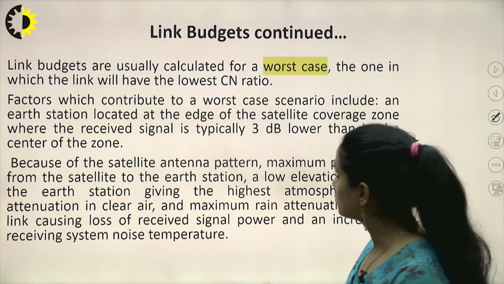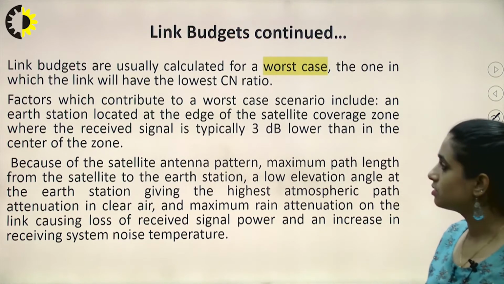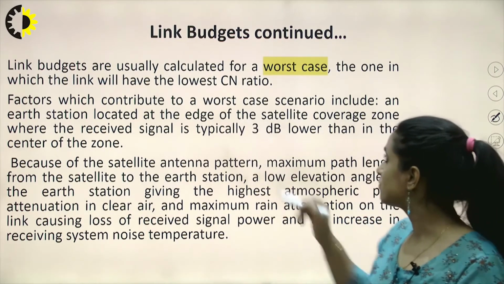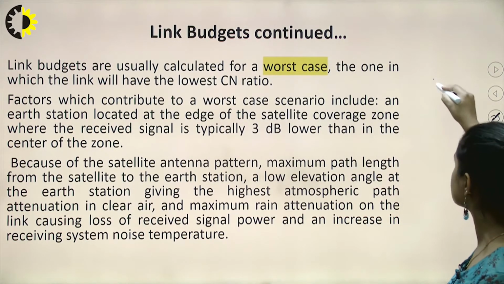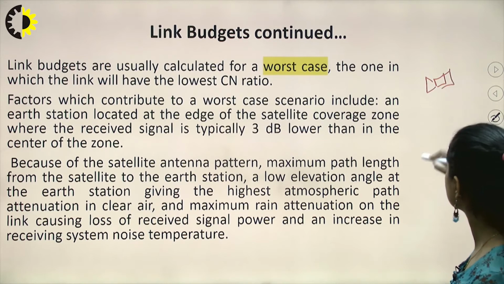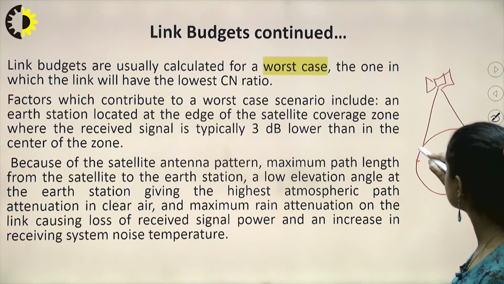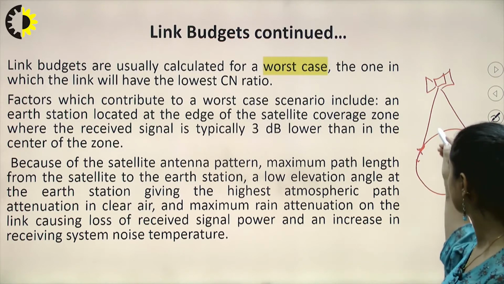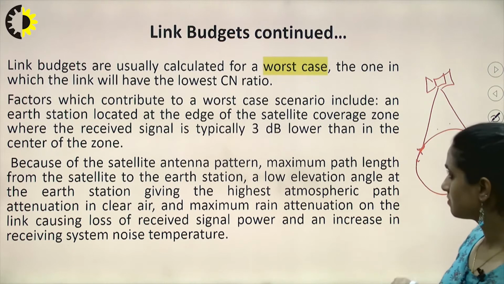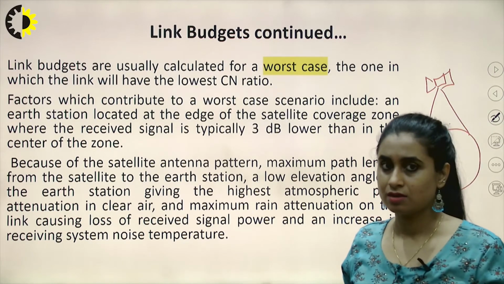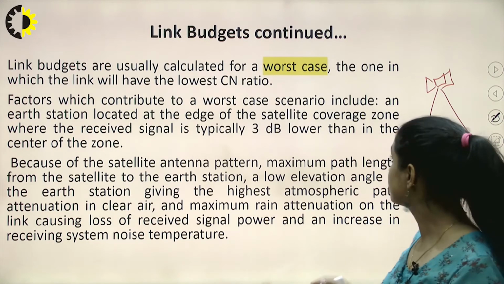Factors which contribute to a worst case scenario include an earth station located at the edge of the satellite coverage. Suppose the satellite has this much coverage. If I consider my earth station is at the edge of the coverage, not here or here, then there are chances there will be attenuation in the signal.